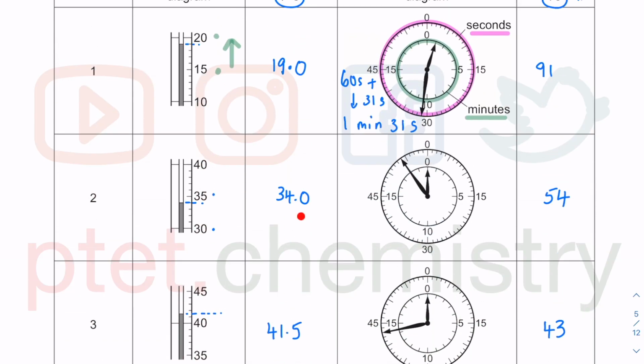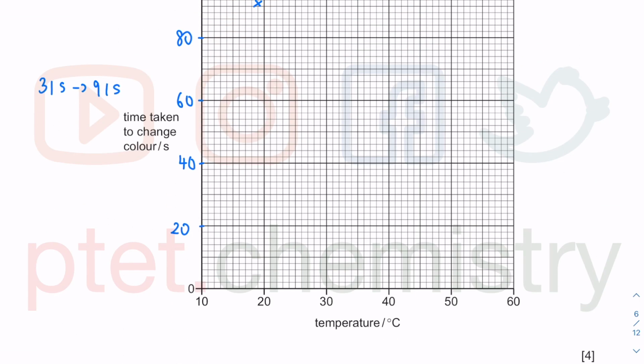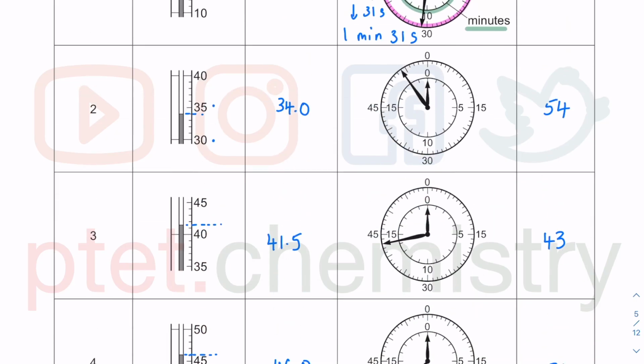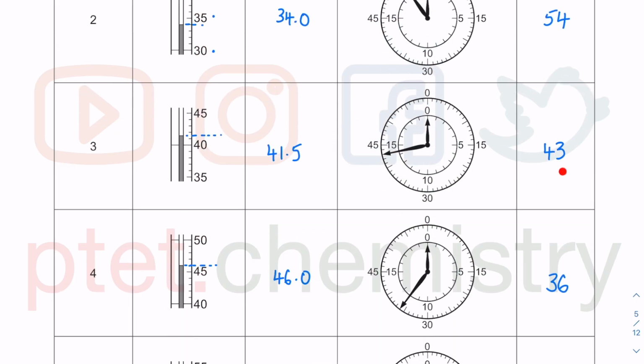Now the next one, 34 and 54. This is 30, so 31, 32, 33, 34. 34 and 54 is there. This is 50 there, so 52, 54 there. The next one, 41.5 and also 43.